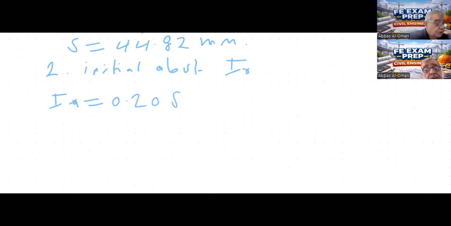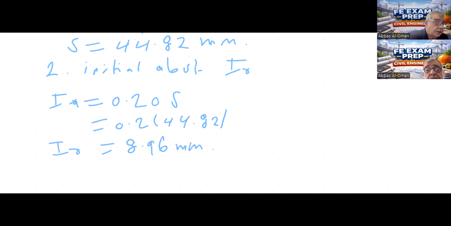So it's 0.2 by 44.82, and the initial abstraction is 8.96 millimeter.